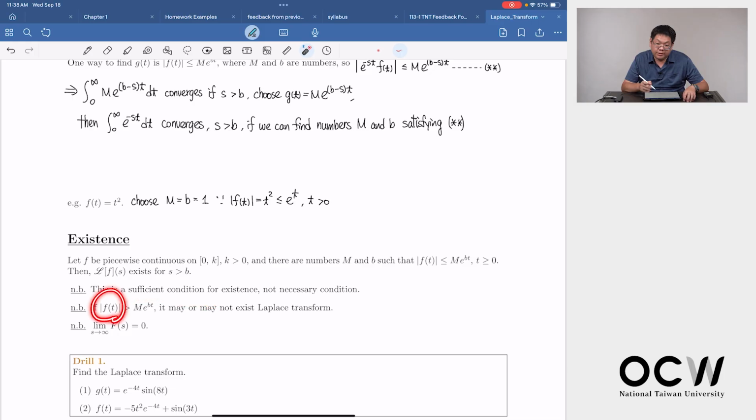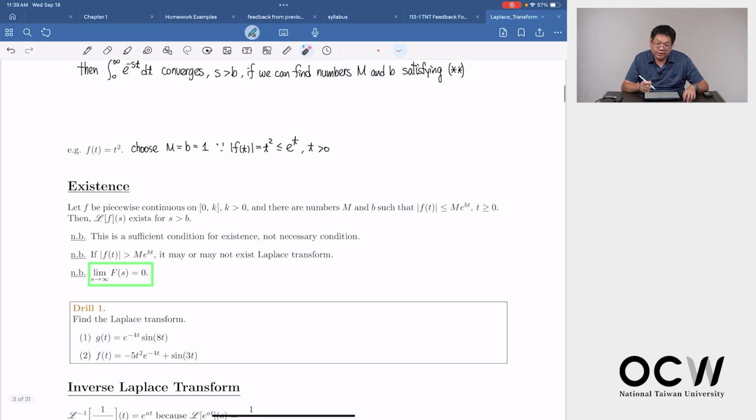If f is greater than that term M times exponential, the Laplace transform may or may not exist. We just don't know. But the last one is more important. We will use that later. For the Laplace transform, as s goes to infinity, this limit will be 0. We will see that later.